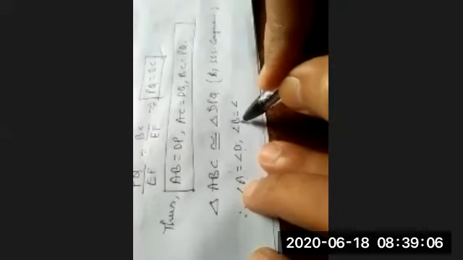So what have we got finally here? Therefore, angle A is equal to angle D by the congruence, and angle B is equal to angle P. Angle B is equal to angle P, and angle P is also equal to angle E. So you can write angle B is also equal to angle E. Yes or not?